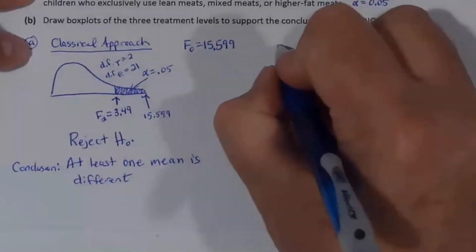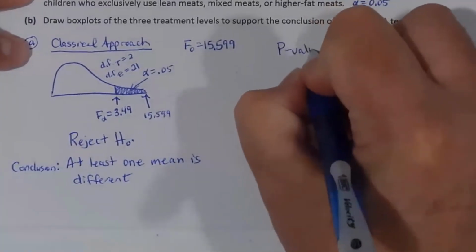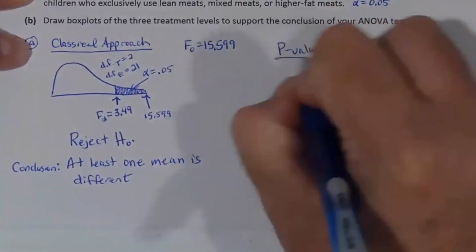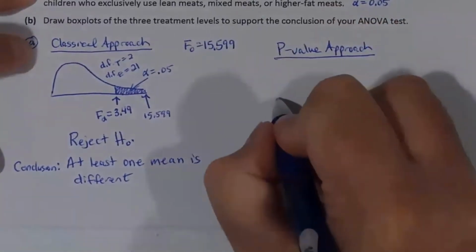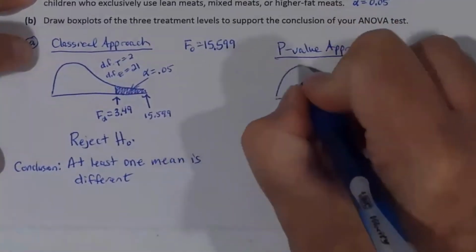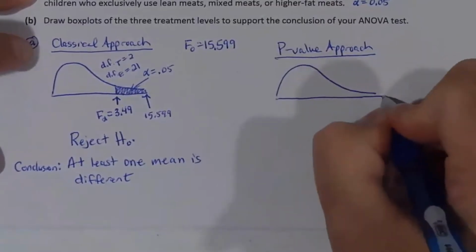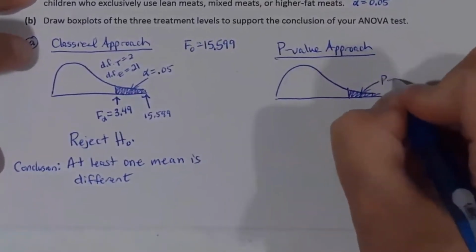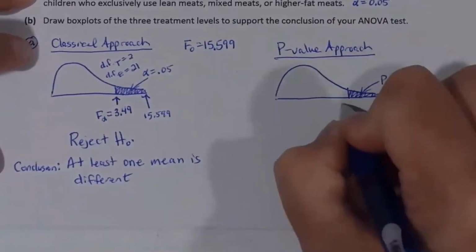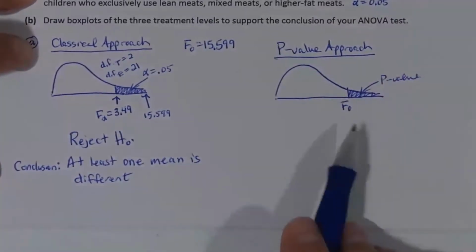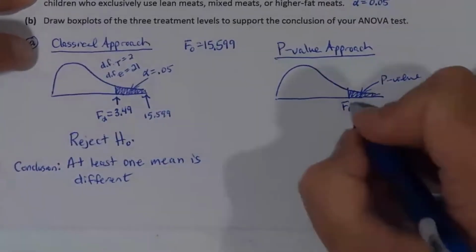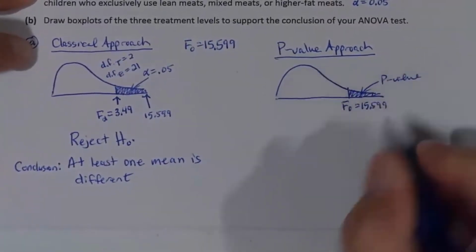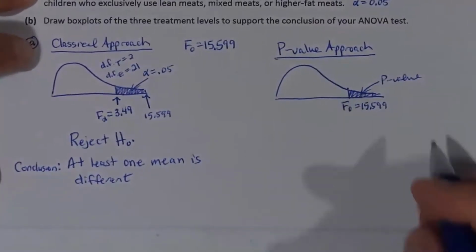Now, if I use the p-value approach, the p-value is going to be the area to the right of the F test statistic. So our F test statistic is 15.599, and I need the area to the right of that.